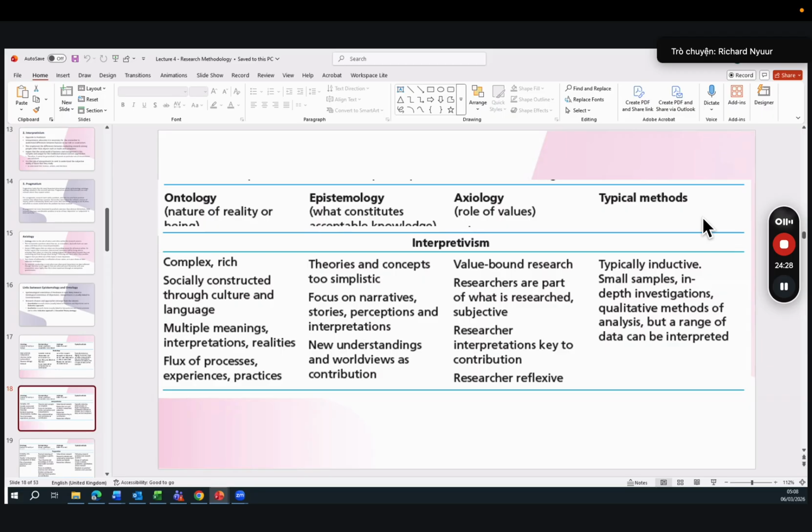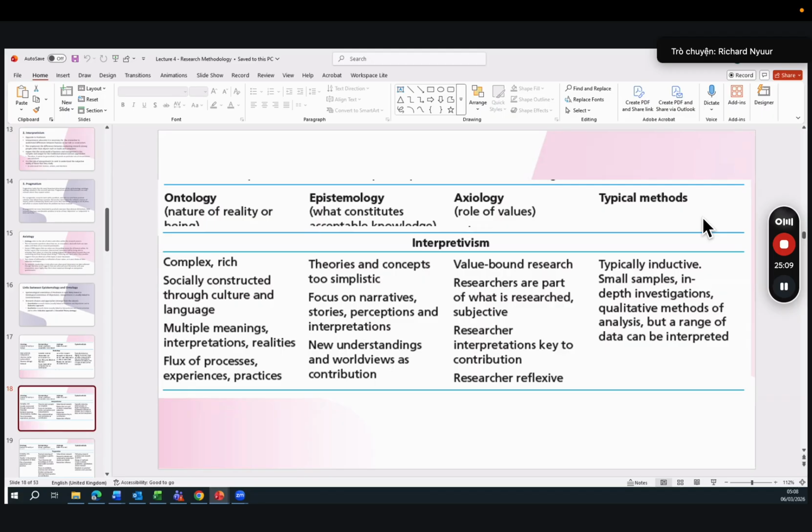Therefore, reality is not a single factual statement or episode or something that can be established and generalized. And therefore, you have approaches that are based on people's understanding, people's explanations, people's views, people's perceptions, and then the researcher also puts their own interpretations, the whole process in terms of the axiology.